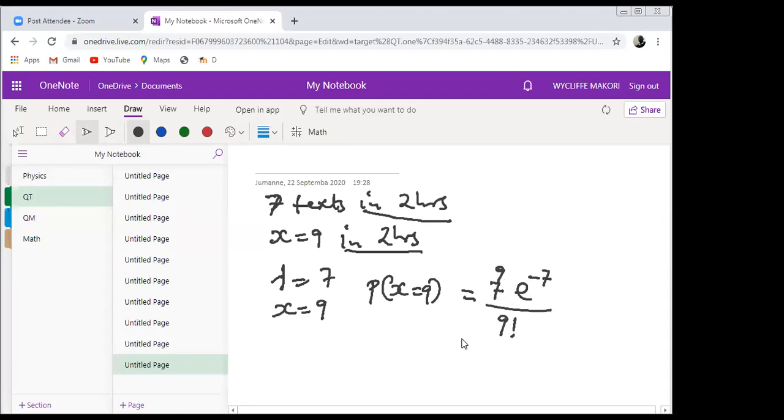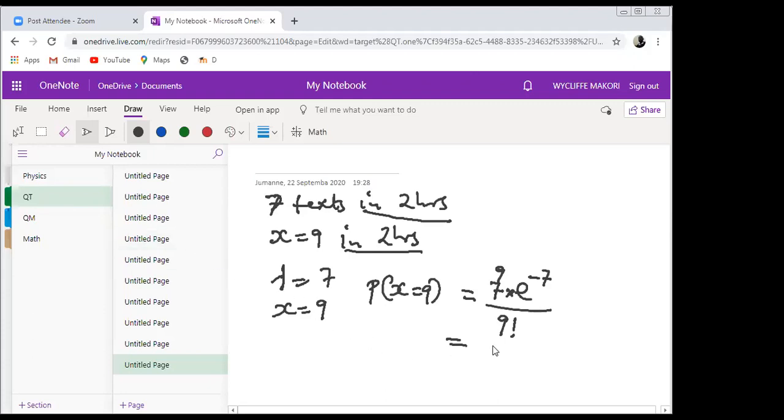You can get that directly, without many numbers: 7 raised to power 9 times e to the negative 7. You get a certain figure, then you divide by 9 factorial.